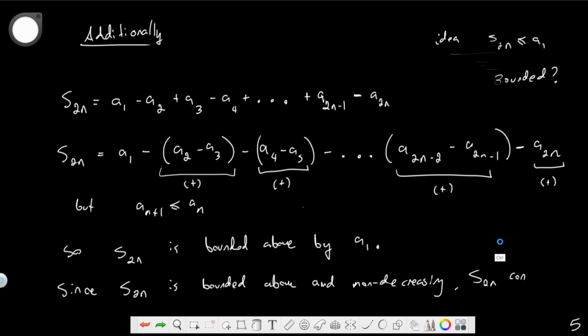Actually, let me write this. The limit as n goes to infinity of S sub 2n converges to some value L.